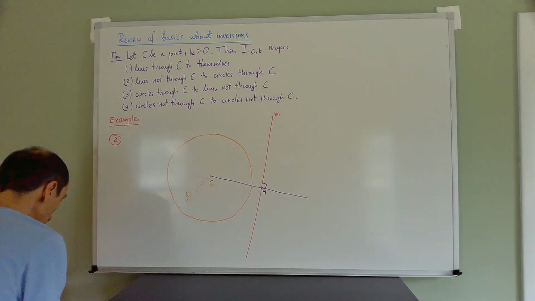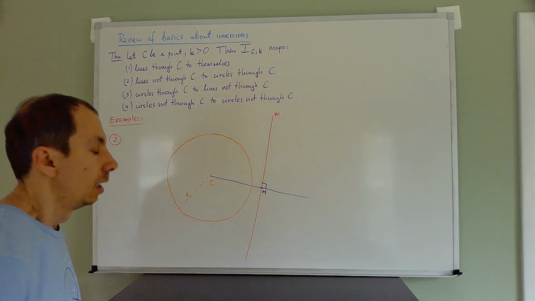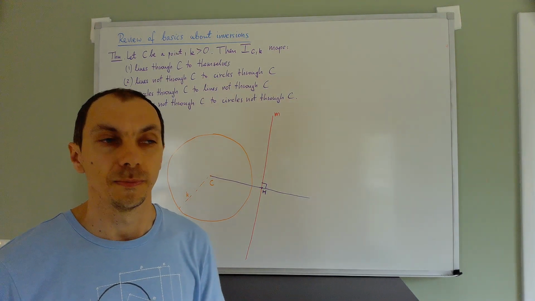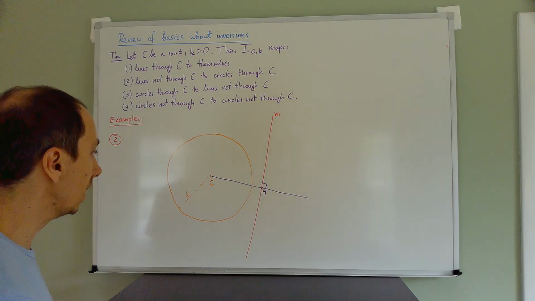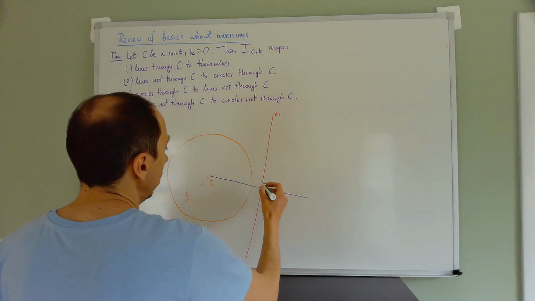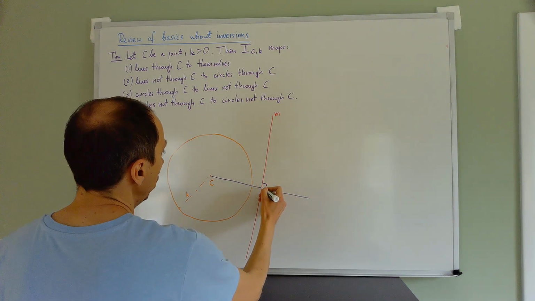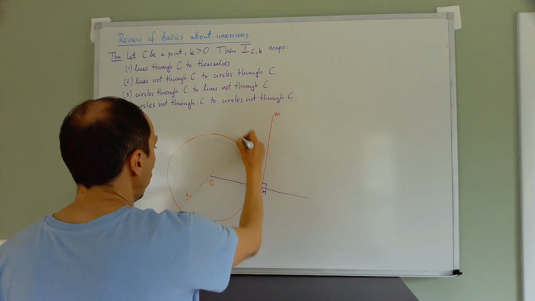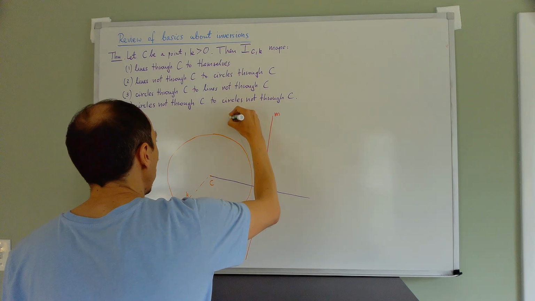So what do I do? I essentially just use this method I described to you a moment ago. I take this point and try to draw a tangent line to the circle. Okay.